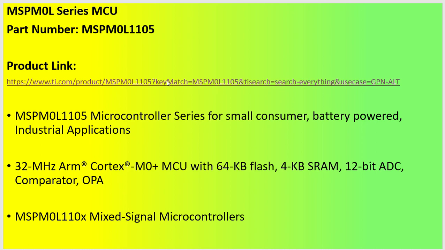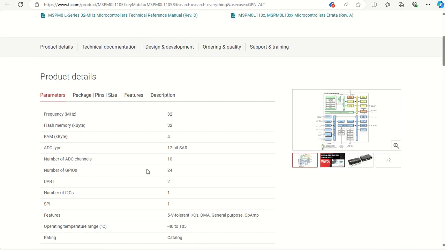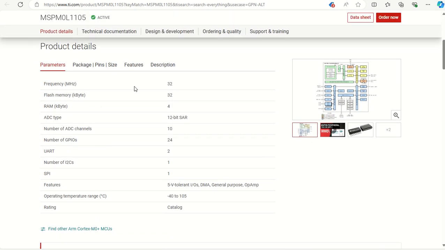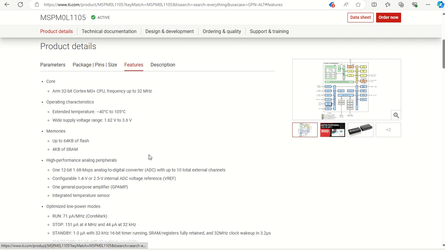If you click on this link, you will get a microcontroller page from Texas Instruments, where you can get complete information about this microcontroller, like the parameters, the frequencies and so on. We have packages, a lot of features, descriptions and everything.